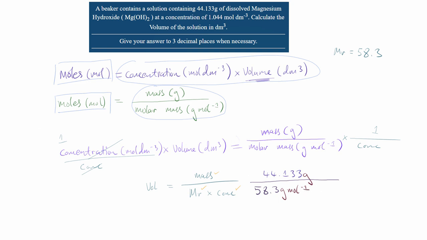And then we're going to have to multiply this by the concentration. As we can see, we are given the concentration in the question as well, so this is 1.044, and the units of that, as you can see, it's given as well, moles per dm cubed.